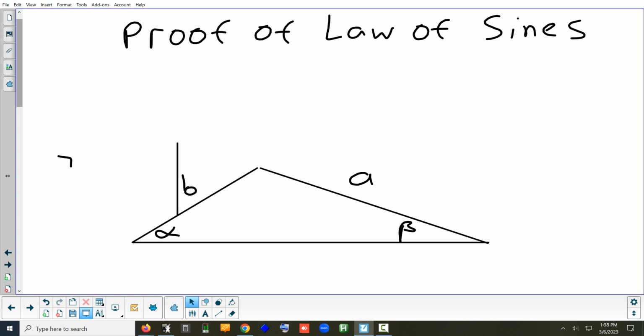Okay, I'm going to take a line from this top vertex and draw it straight down. What do you call that line that I just drew? Well, I should be more specific. It's technically not a line. It would be a line segment.